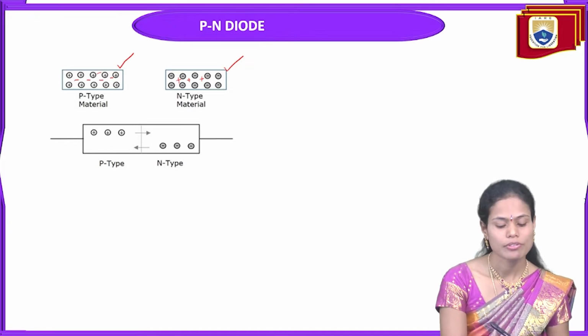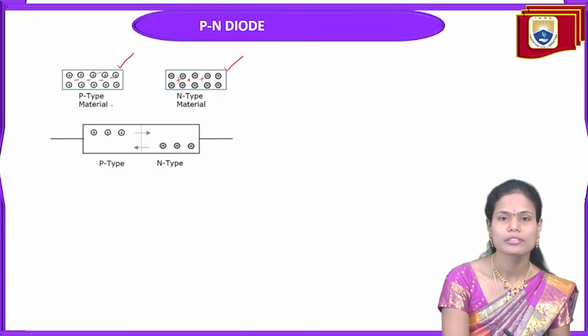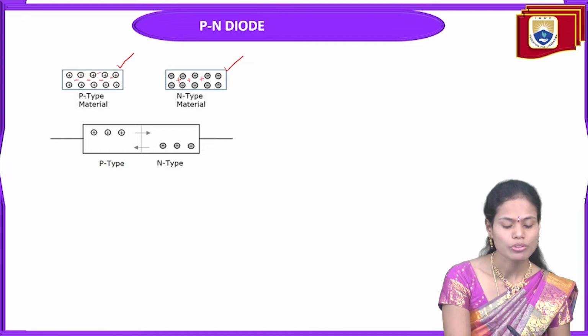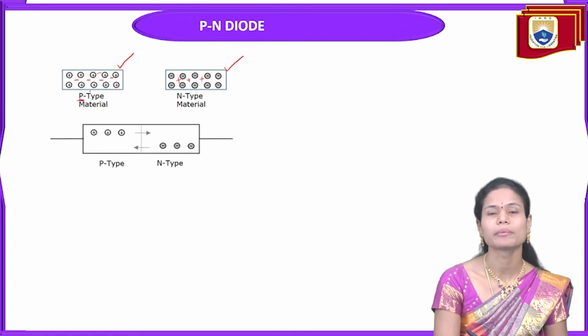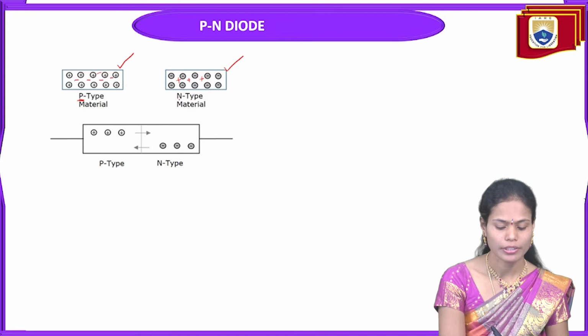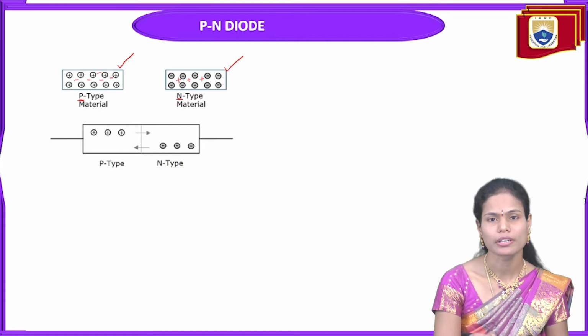Because more holes are present in the P type material, it is called P type semiconductor material, since holes have positive charge. Similarly, the N type material is called N type because its majority carriers are electrons, which have negative charge.